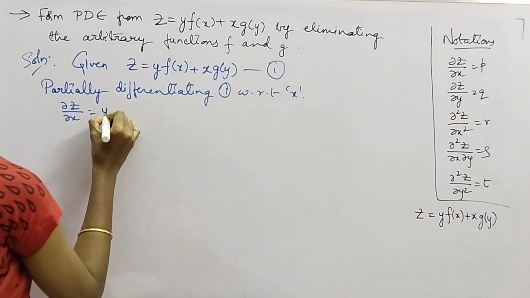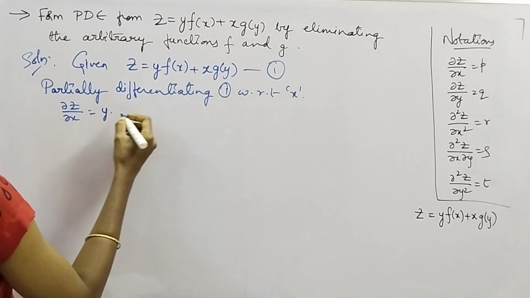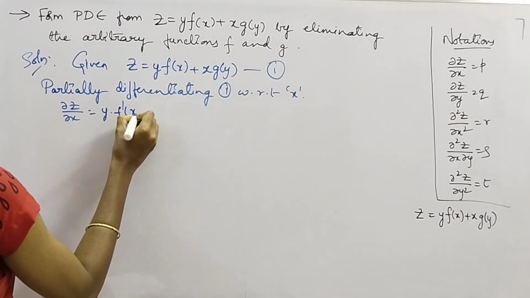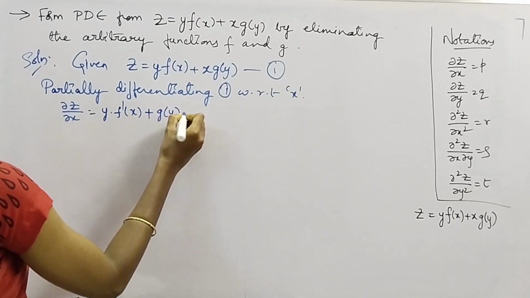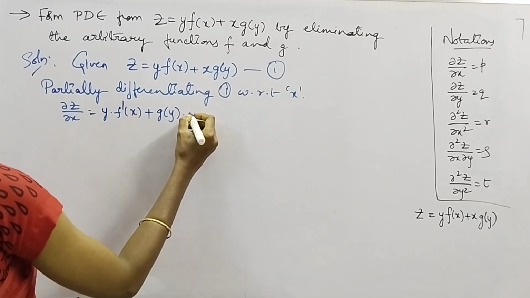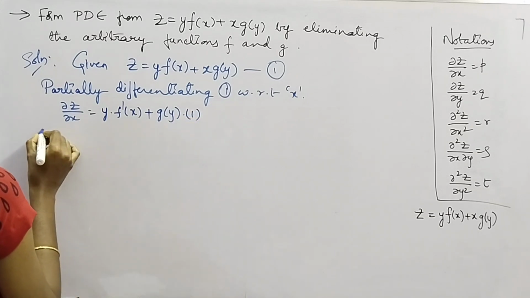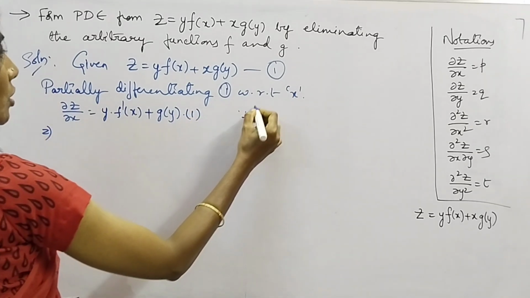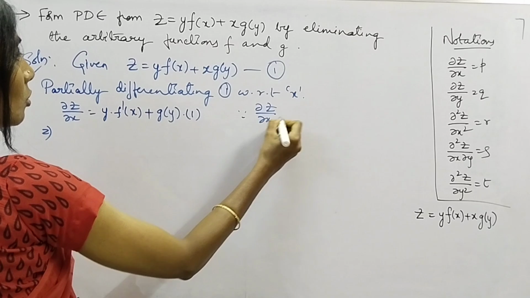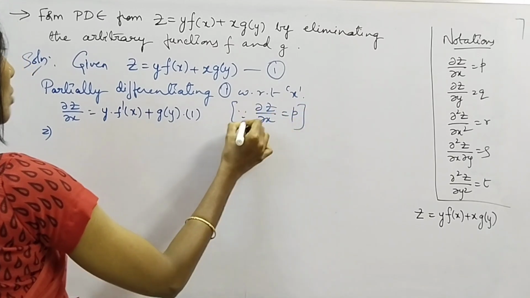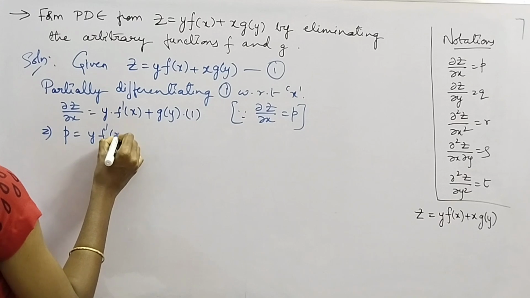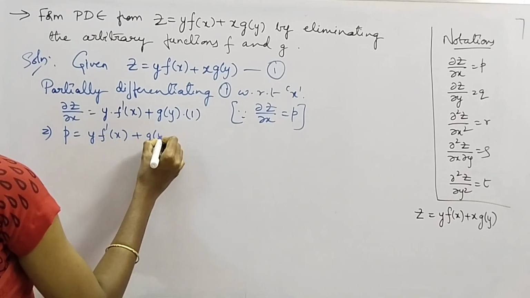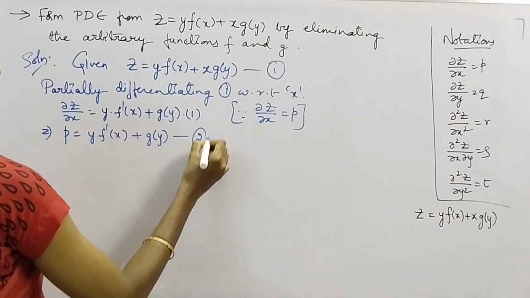So constant into the partial derivative of f of x with respect to x is f dash of x, plus constant, say g of y, into the partial derivative of x with respect to x, which is 1. Since we have the notation dou z by dou x equal to p, let's replace it by p. We'll get p equal to y into f dash of x plus g of y. Consider it as equation number 2.